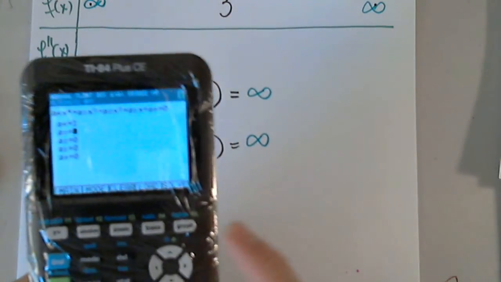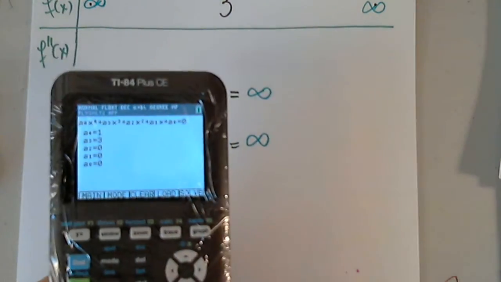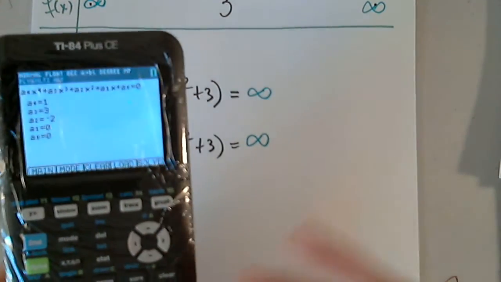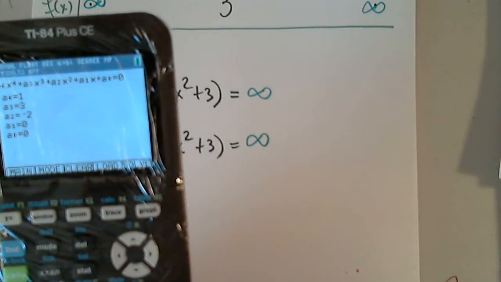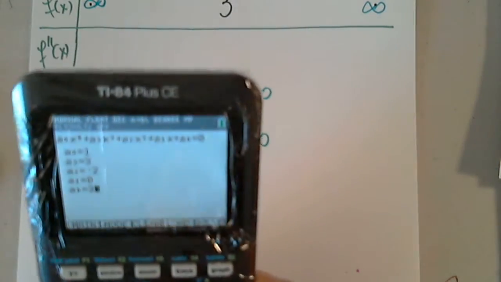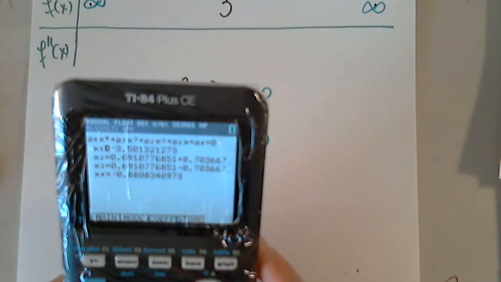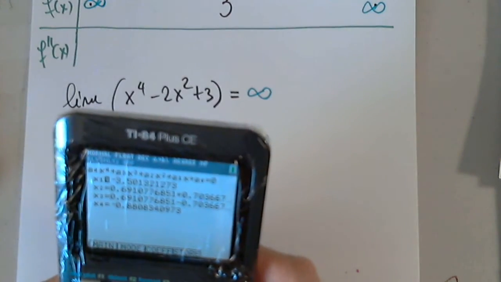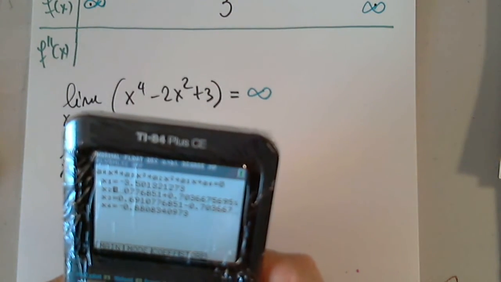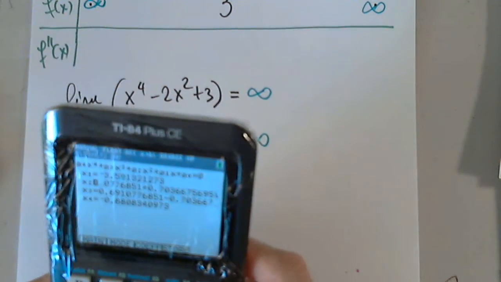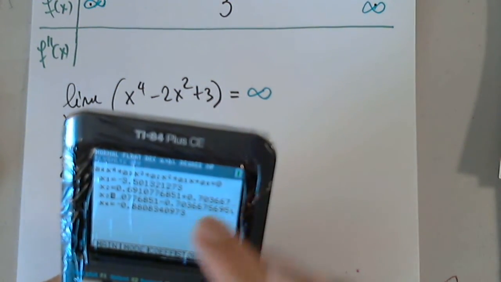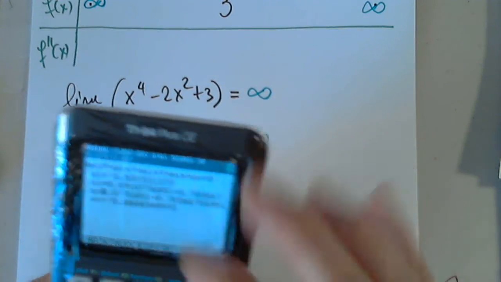And then 0 for power 3, -2 for degree 2, and then 0 for degree 1, and then 3 for the free term, and then click on solve, and it gives us 4 solutions. But as you see, the second one has an i. The third one, as expected, is the complex conjugate of this one. So there are only 2 real solutions.